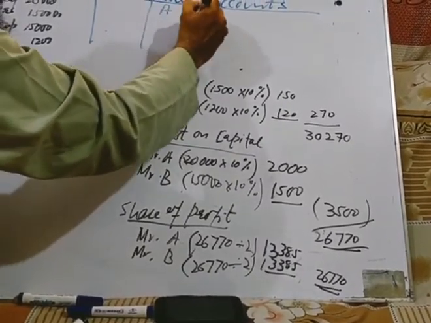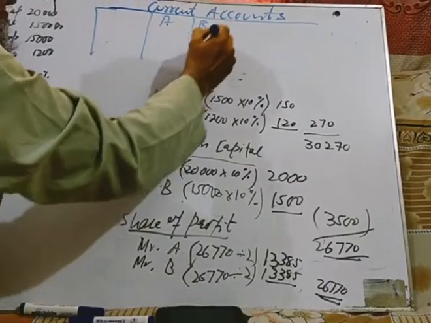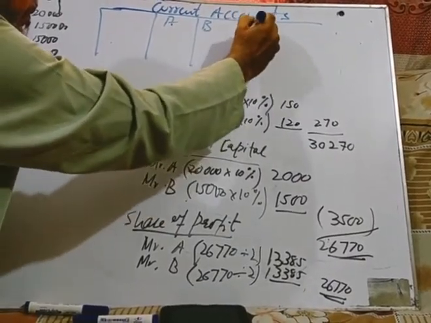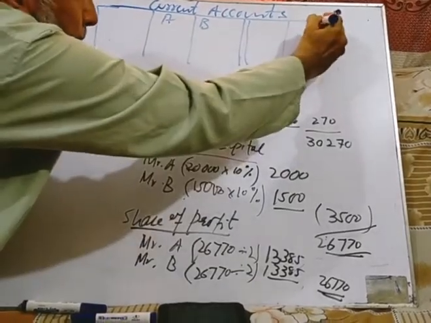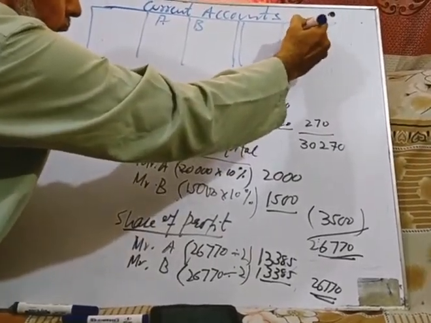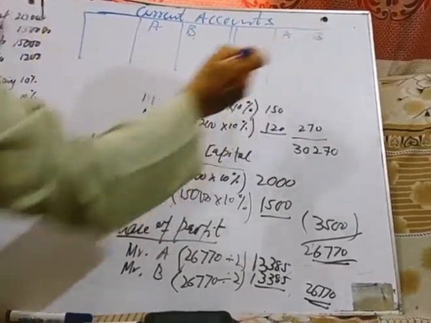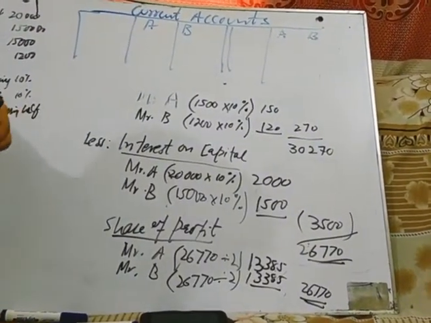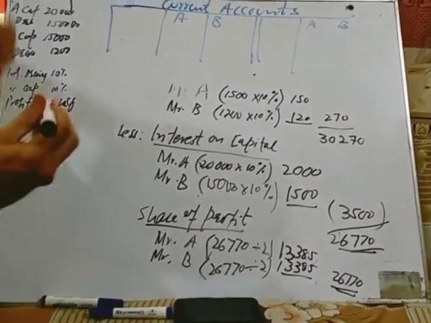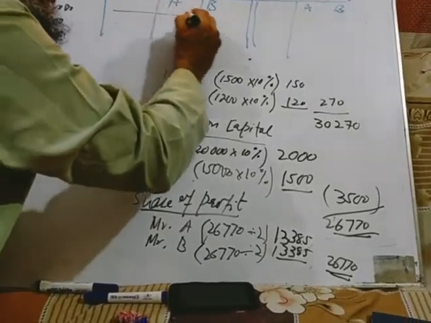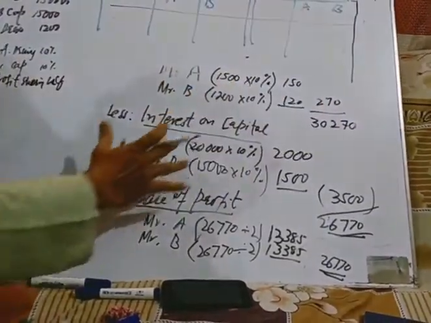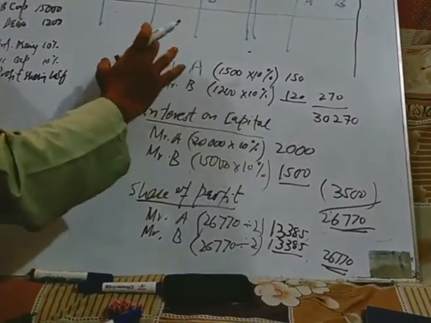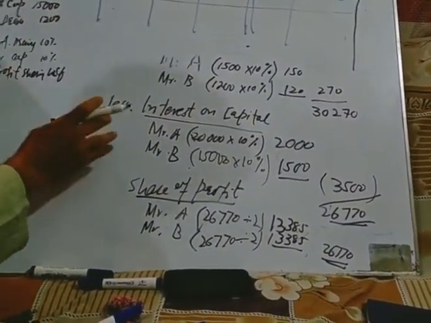This is A, this is B, again A and B, right? Now first of all we will transfer the drawings.